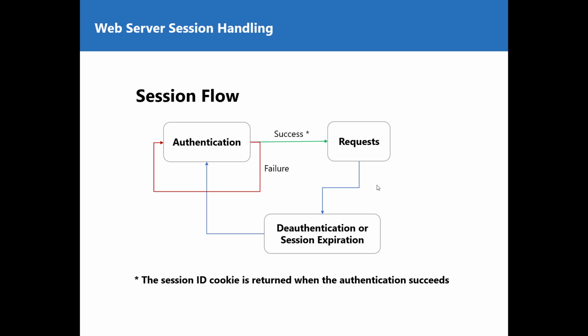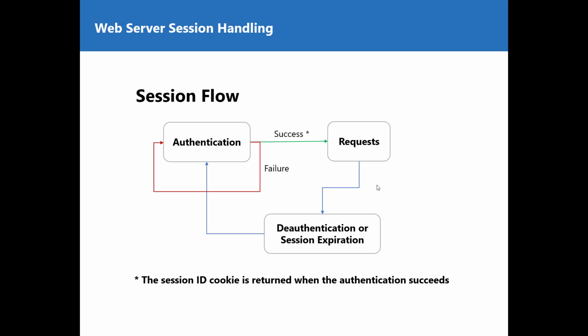So the session flow works in a very simple way. You have an authentication request come in. If the authentication request succeeds, it's a valid user, they're not locked out, anything like that, then the session is created.